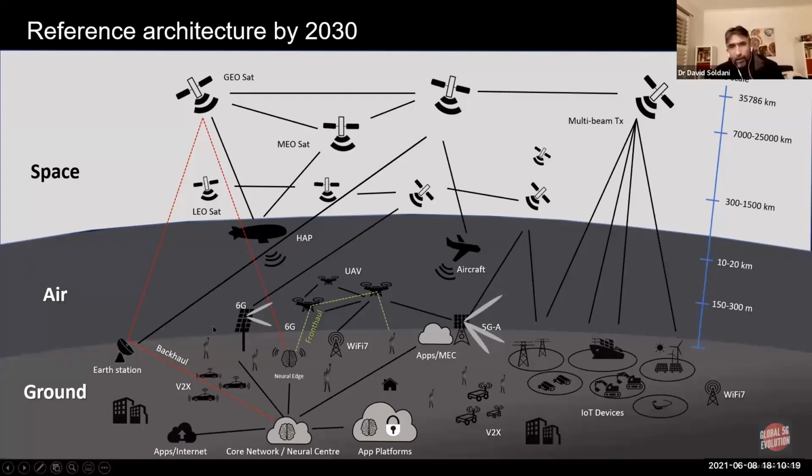Therefore, I think we need to have in place something more that on air and on space will allow us to support a fronthauling type of interface as well as backhauling. And in addition, I think we need to have also an element of access to the services.